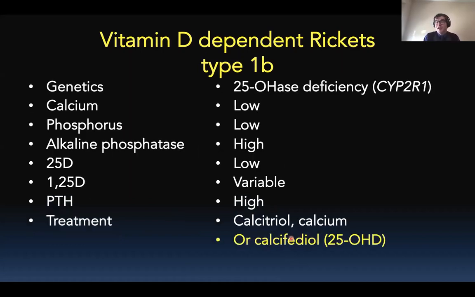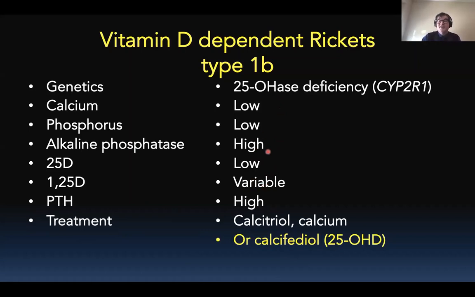There's another rare form, vitamin D dependent rickets type 1B, which is due to a 25-hydroxylase deficiency. I think there are a very small number of people reported with this. And it's actually kind of hard to differentiate from nutritional rickets because they will have low 25D as well because they can't 25-hydroxylate it. The 125D, again, is variable.